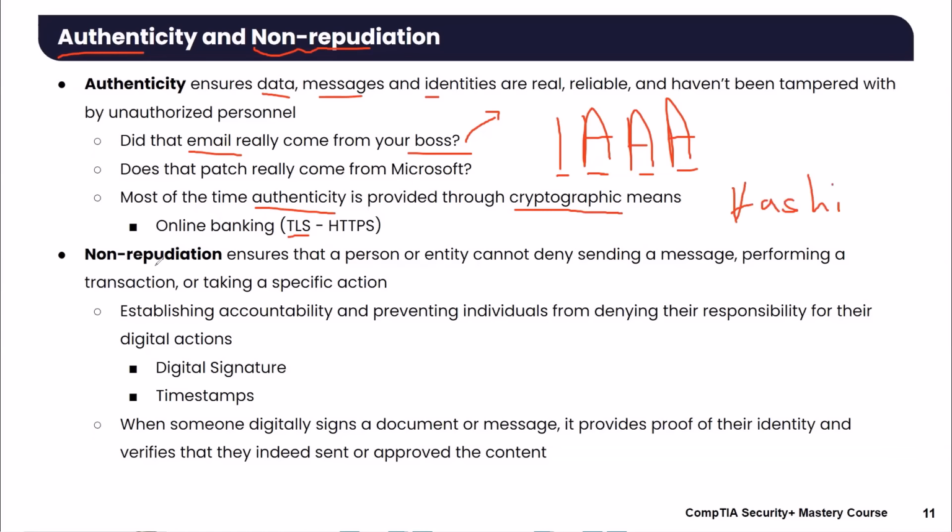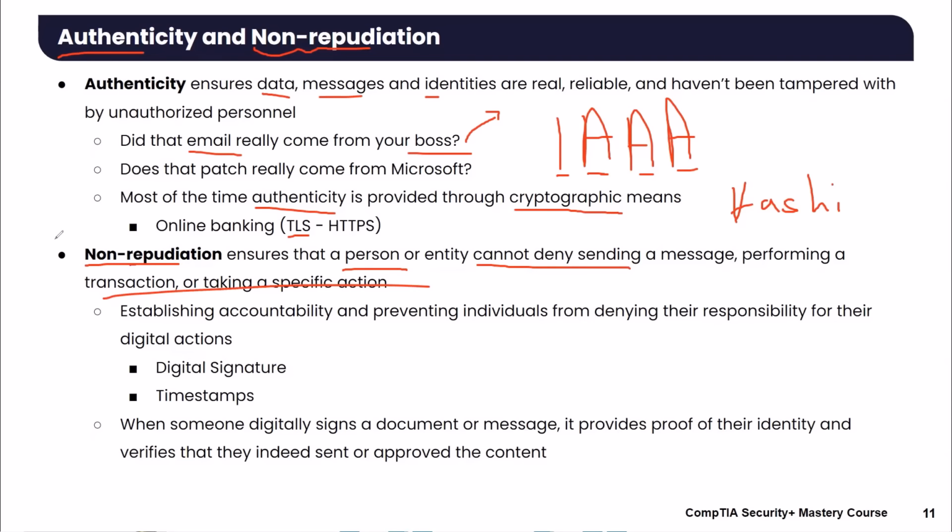Another term or concept that's going to be on that exam that's very critical is non-repudiation. Non-repudiation is all about making sure that the person, the entity, the device, whatever that is, cannot deny sending a message or performing some kind of action.